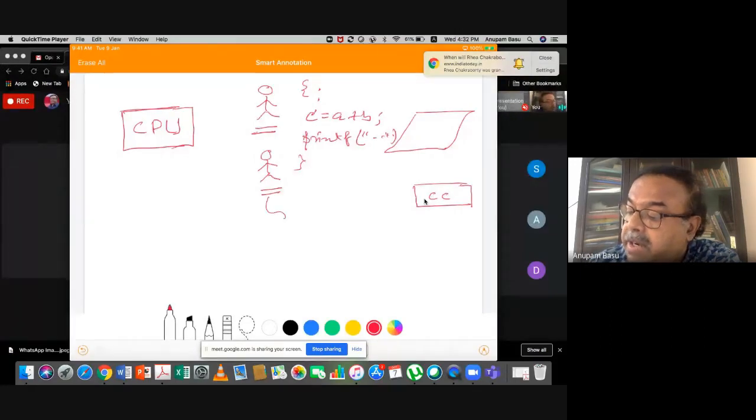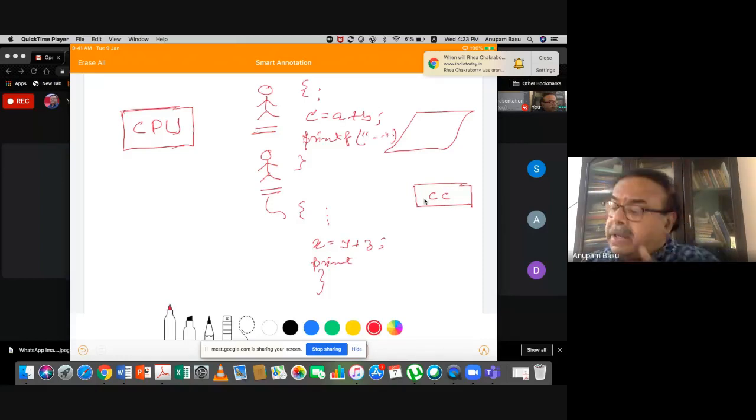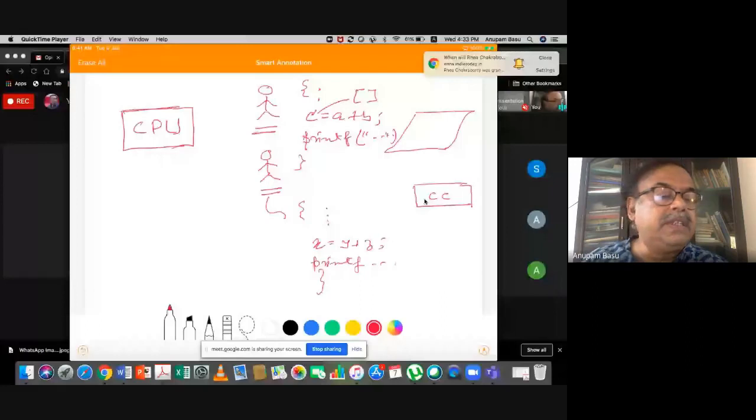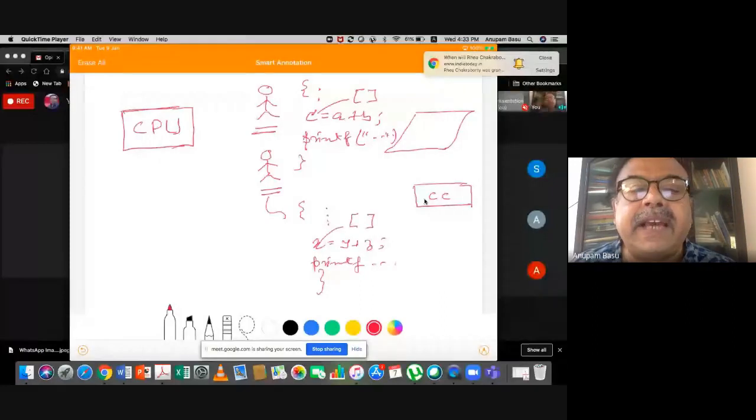And this person has also written another program where he has done something like x gets y plus z and printf x. Now let's make the thing a little complicated. Suppose C is an array, and X is also an array, so it's not printing one particular variable, and the array size might be 100 in both the cases.